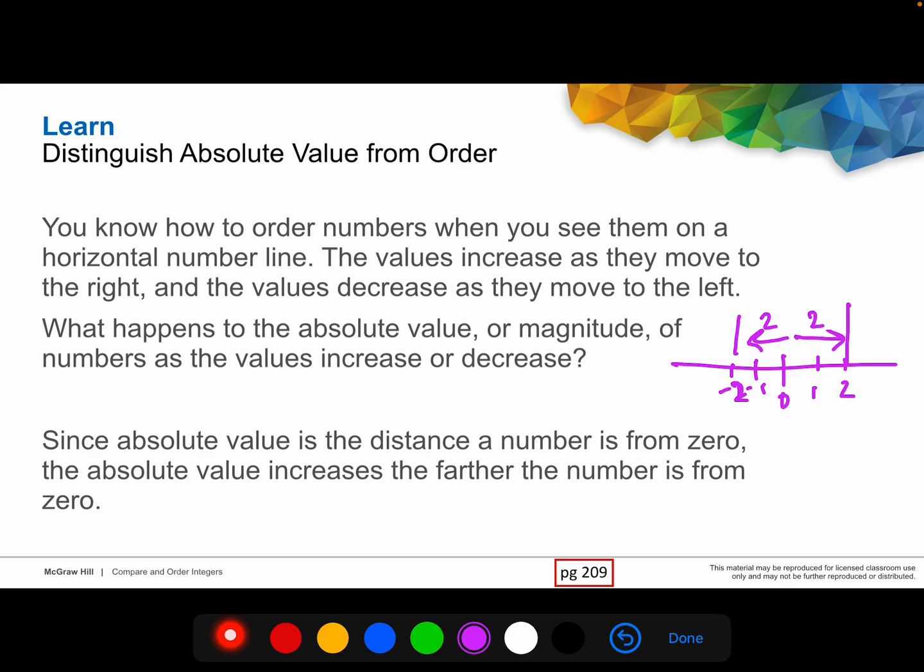So absolute value is the distance that a number is from 0, and it increases the farther the number is from 0. So for example, if I had a number 3 over here, the distance of that number from 0 would be 3. So the absolute value of 3 would be greater than the absolute value of 2.